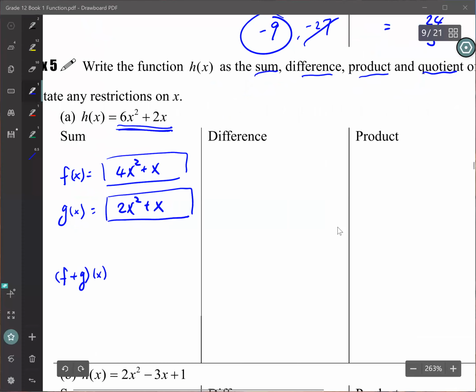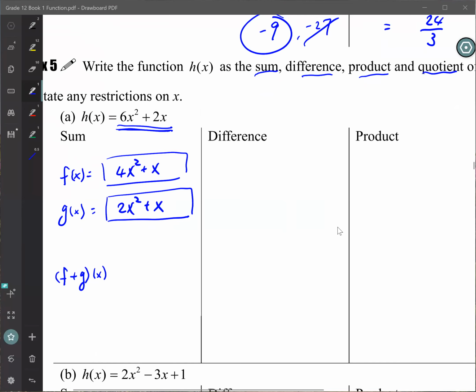If I add them up, does 4x squared plus 2x squared equal 6x squared? Yeah. What about x plus x? Do they add up to 2x? Yeah. So this will be an example. Everybody can create a different pair of functions.